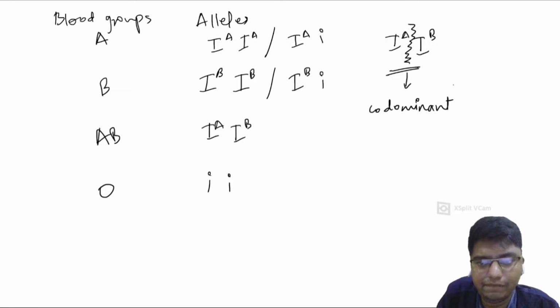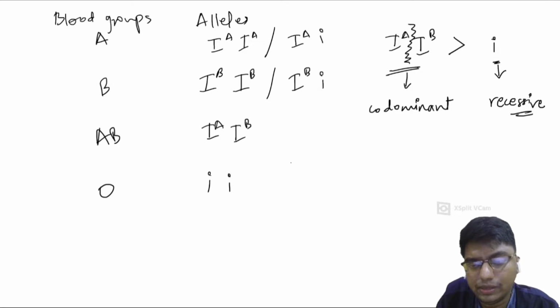In the previous video, we studied what codominant means: they are equally expressed. But they are dominant over i. Means for each other they are codominant, and over i they are dominant, which means i is recessive.